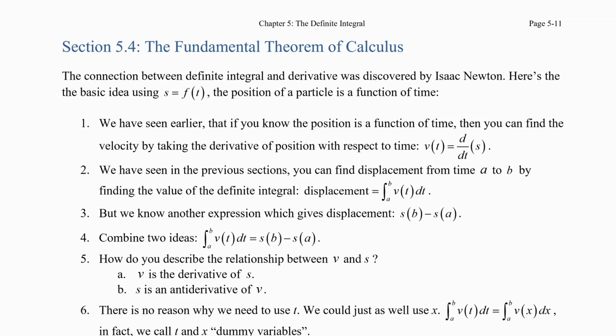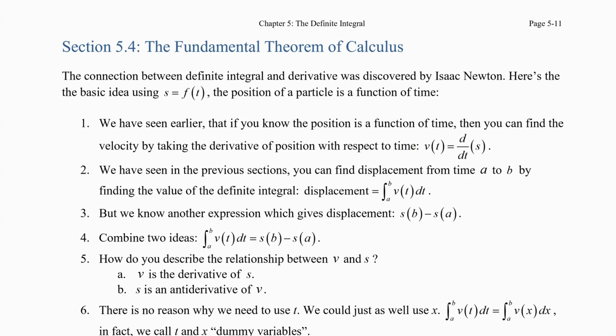Let's start with the idea that s, some position, is some function of time. We know lots about that, like, for example, that the derivative of that function s with respect to time is velocity. That's a known fact.